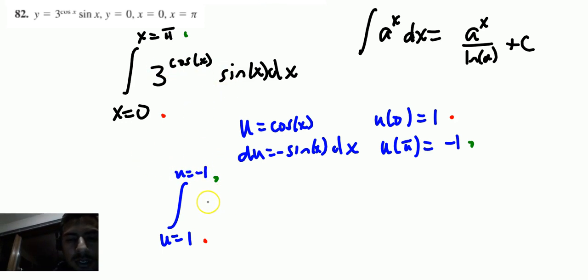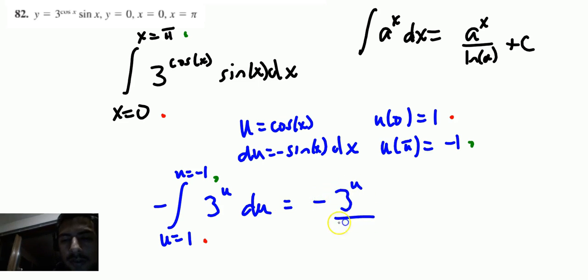And then let's plug in our 3 still staying the same. This is now raised to the u. We need a negative in front because we have a negative sine x, and sine x dx was equal to a negative du. And that looks a lot simpler. This is equal to negative 3 to the u over ln of 3, and we are evaluating this from u equals 1 to u equals negative 1.